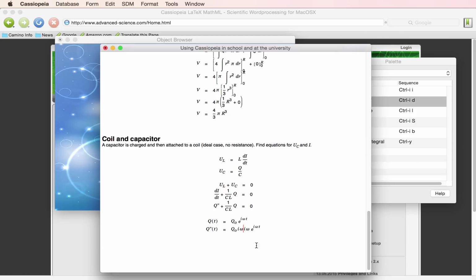Okay. i times i gets us minus omega squared. Let's make a double click, a duplicate of this equation. If we write it this way, we can automatically substitute.